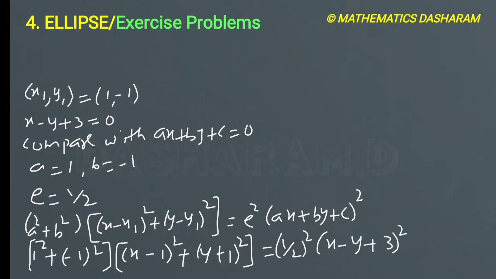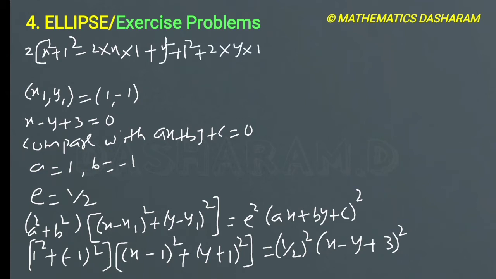Let's simplify this. Here 1² is 1, (-1)² is also 1, so overall 2 bracket of: here (a - b)² formula, x² + 1² - 2·x·1, plus (a + b)² formula, y² + 1² + 2·y·1, equals (1/2)², which is 1/4.